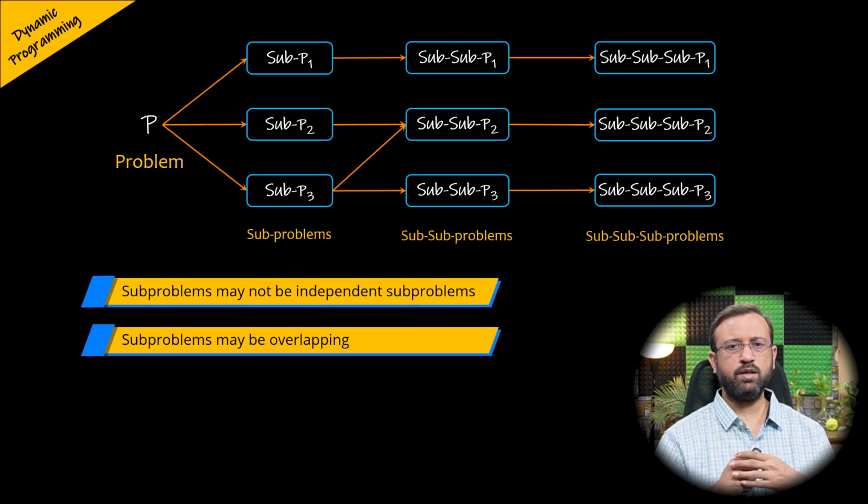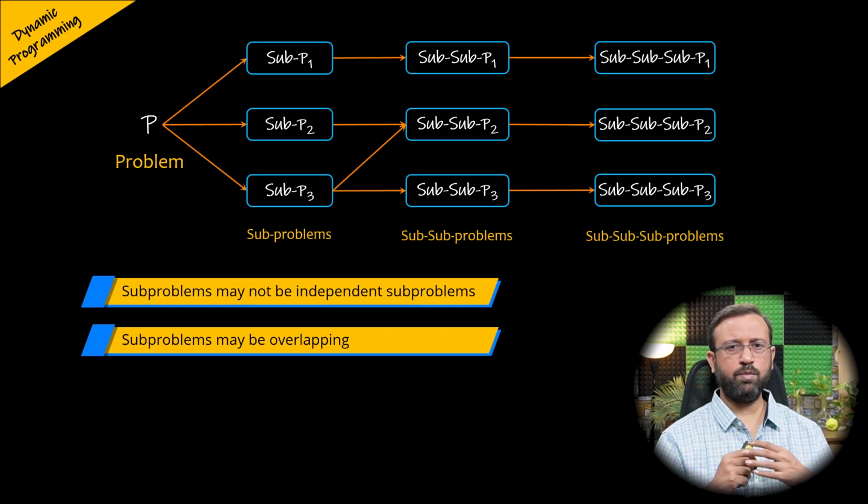For example, the sub-subproblem P2 may be a combination of subproblem P2 and subproblem P3. In the same way, sub-sub-subproblem P3 may be a combination of sub-subproblem P3 and another sub-subproblem. Therefore, the solutions to the subproblems may also be overlapping.